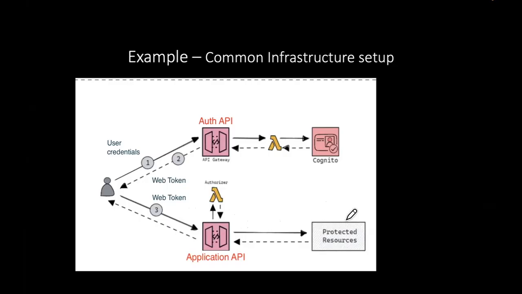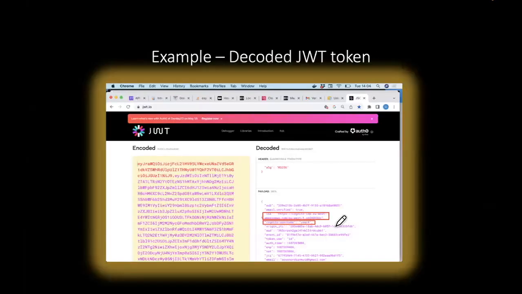That means these lambdas over here, if they wish, can actually access that JWT token, and they can decode it. By decoding, we mean they can take this and produce this. And this is just a JSON structure, and they can index into this JSON structure if they want to pick out some particular piece of information.